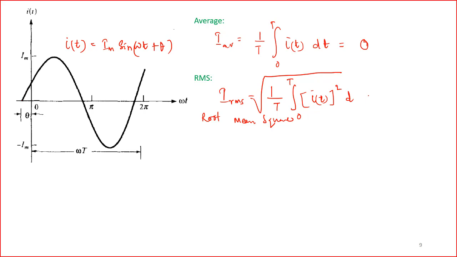In fact, what does this RMS value indicate? This RMS value indicates the equivalent DC quantity, right?